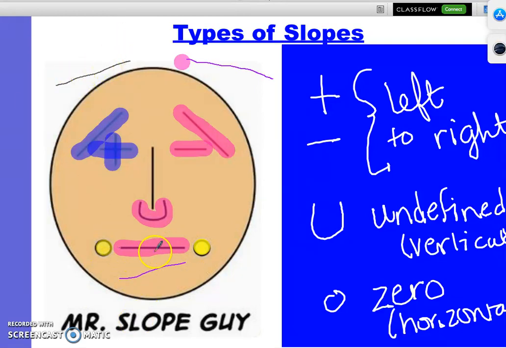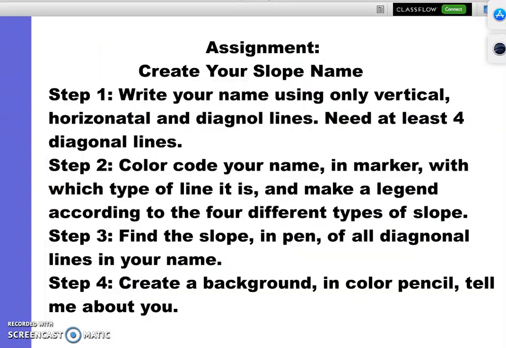This line has to go straight horizontal. Okay. So undefined is going to be vertical. A 0 slope is going to be horizontal. Left to right, if it goes up and to the right, it's positive. Down and to the right, it goes negative.